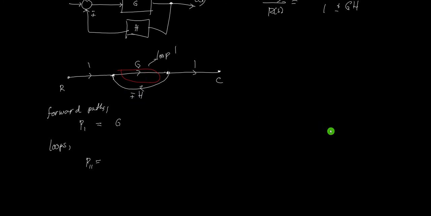So if there are 4 loops, then we have P11, P21, P31, and P41. But here we only have one loop, so we only have P11, and that P11 is just equal to the product G times H, and that is minus plus G times H. That's the loop gain.